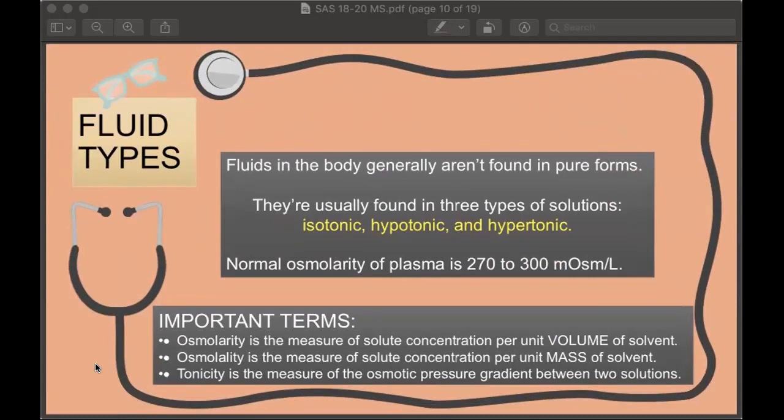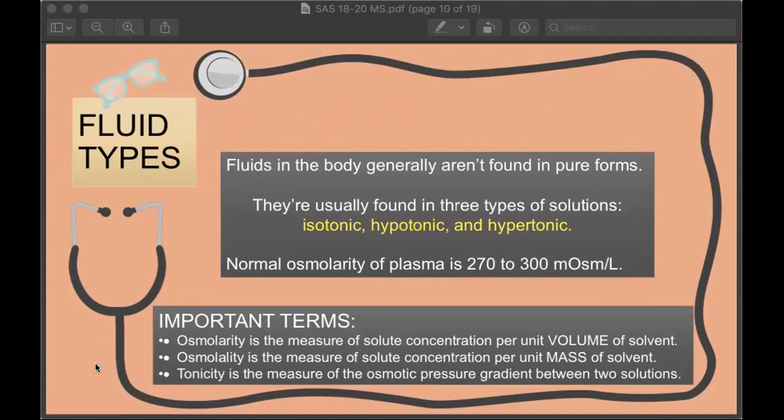Fluids in the body generally aren't found in pure forms. That is why we are having IV fluids. They're usually found in three types of solution: isotonic, hypotonic, and hypertonic. I hope you already know the difference among the three.